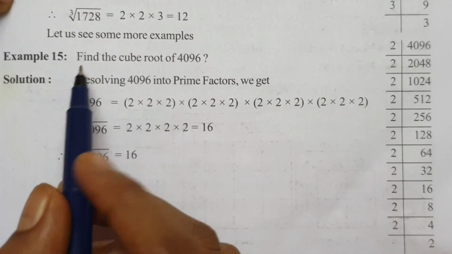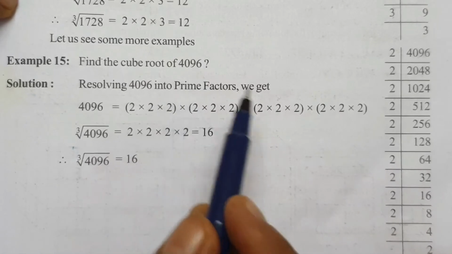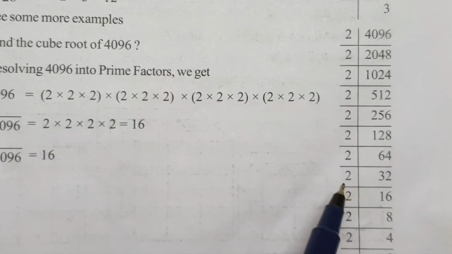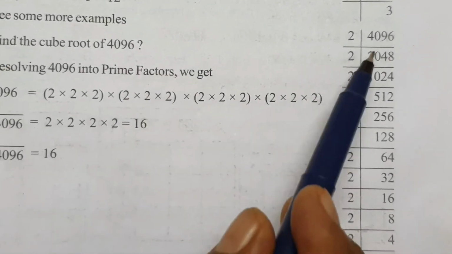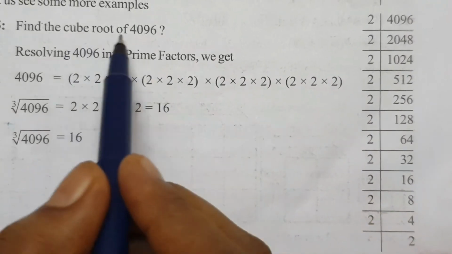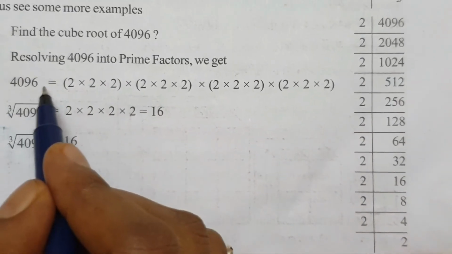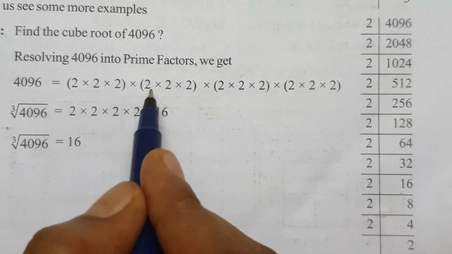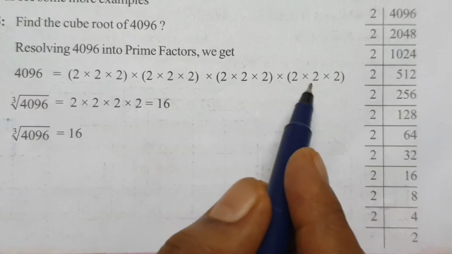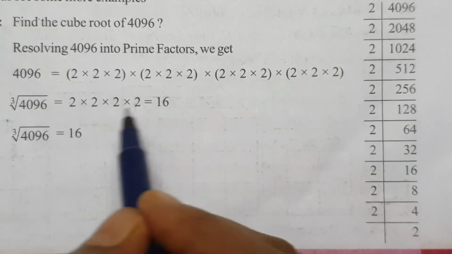See this example, the 15th one. Find the cube root of 4096. Do prime factorization of 4096, using the prime factorization method. We get 4096 equal to 2 into 2 into 2, 2 into 2 into 2, and so on. How many 2's here? 4 groups of 3, that is 4 2's.